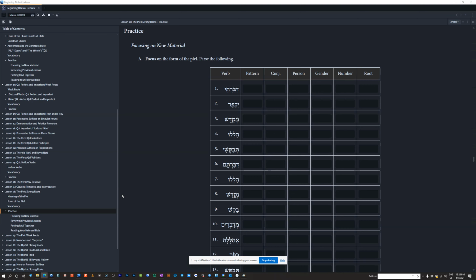If I have something like shavar, which means he broke, and I put that in the PL, it would be shiber. Shiber wouldn't mean he broke, it would mean he shattered. It's a more intensive version. That's the basic, rudimentary idea that we give you of the PL.